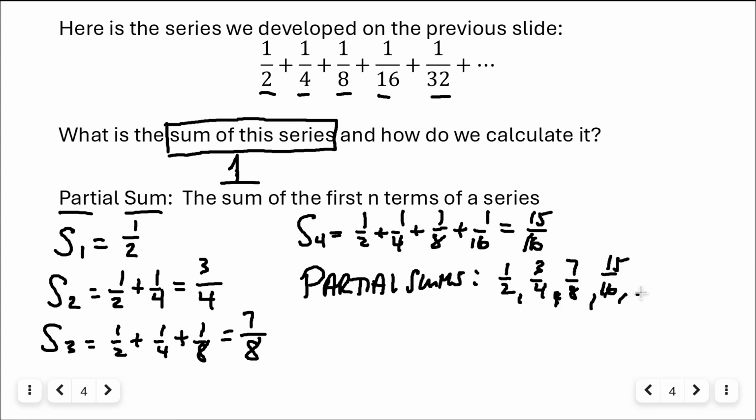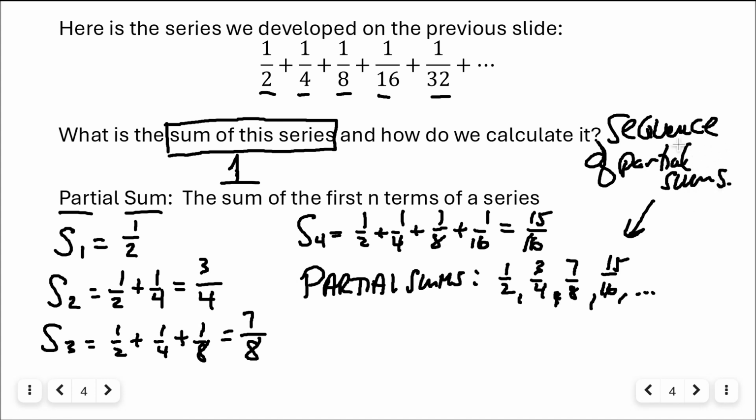And I would keep going with that list, right? But wait a minute. Now we're saying I'm making a list. We talked about making lists that have patterns. They're sequences. This is a sequence of partial sums.